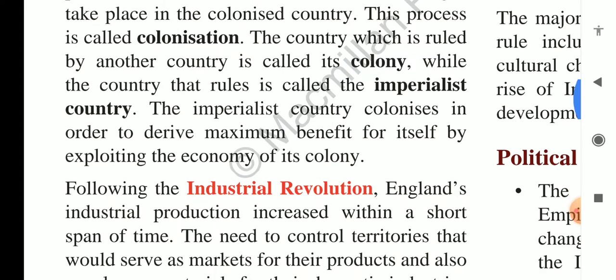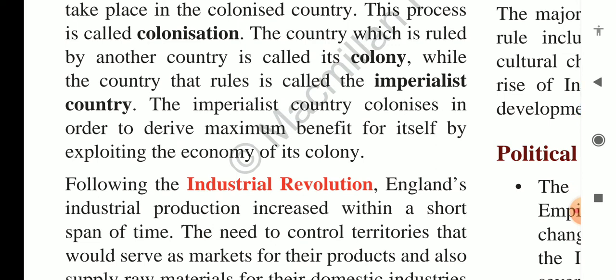What is the reason why one country rules another country? However, nowadays it is not possible directly because of the rules of the UN, the United Nations, that all countries have the right to remain independent. So nowadays no country can rule another country directly.